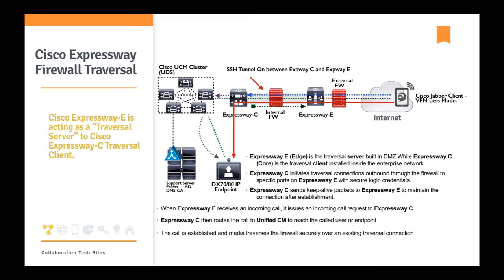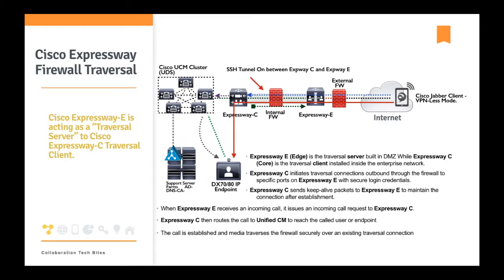Expressway C proxies this registration, and the IP address of the Cisco Jabber shown on the call manager web administration is the IP address of Cisco Expressway C. The normal operation here is to make sure that the call manager sees a phone that is registered locally, through Expressway C. It knows it's Expressway C, sends the call to the destination, and the call is established, traversing the firewalls securely, with Expressway C in the middle of the media.